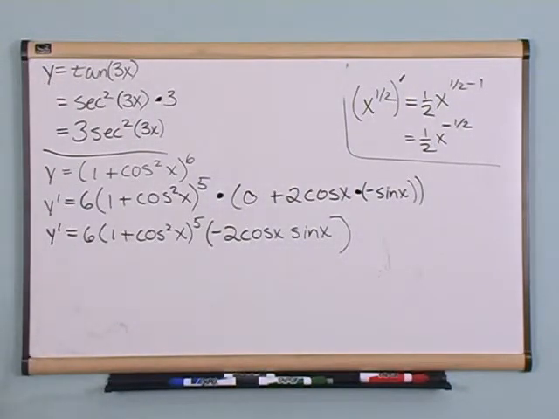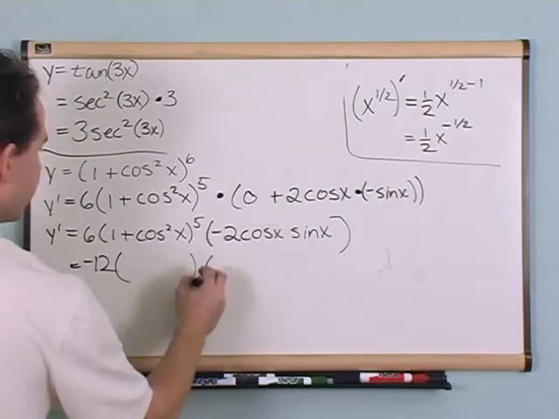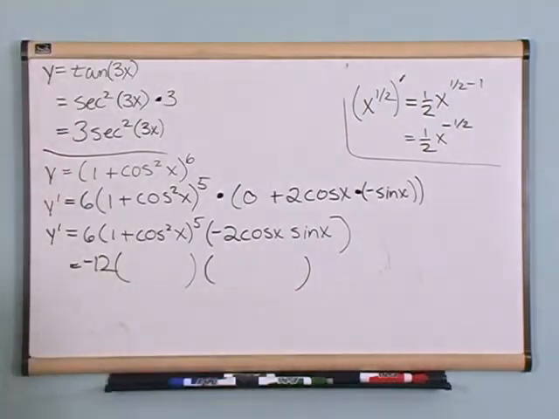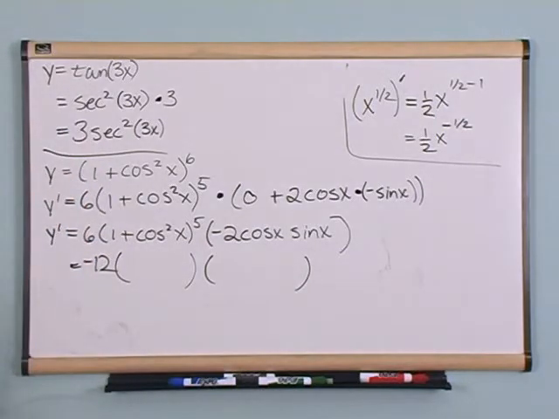Okay? Now you can take this 2 and multiply it by 6, and you'll get negative 12, and then you'll have this term here, and then you'll have what's left over from this term here. But basically, this is the answer. You just multiply 6 times negative 2, put it out here, and get a negative 12, and you've got the answer.